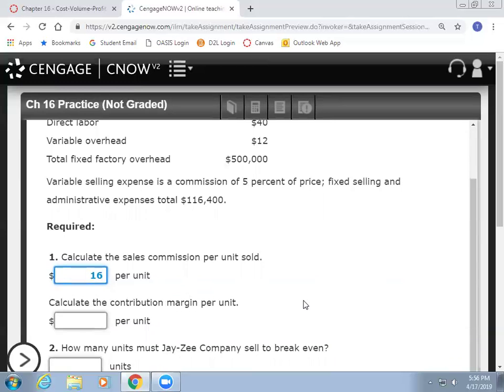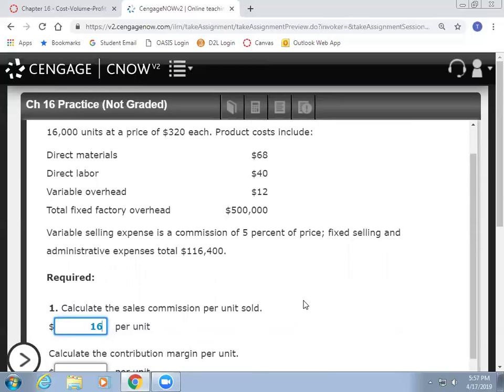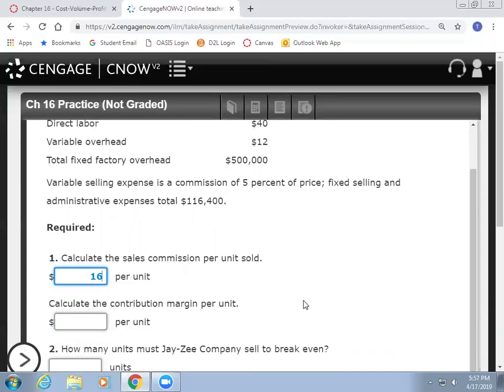So the next one says, calculate the contribution margin per unit. On that one, again, we would take our sales price of $320 minus our total variable costs, which they didn't have us calculate first, right? So we're kind of leaving out some steps. So what is my contribution margin per unit? 184, very good.